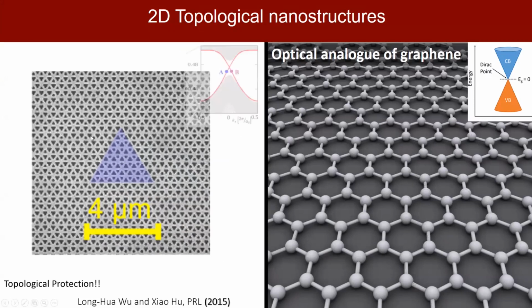What we do here is that in the blue triangle inside we have a different topological invariant, and in the outer material we have a different topological invariant, and this creates a topological edge, or a topological domain wall, at the sides of this triangle.